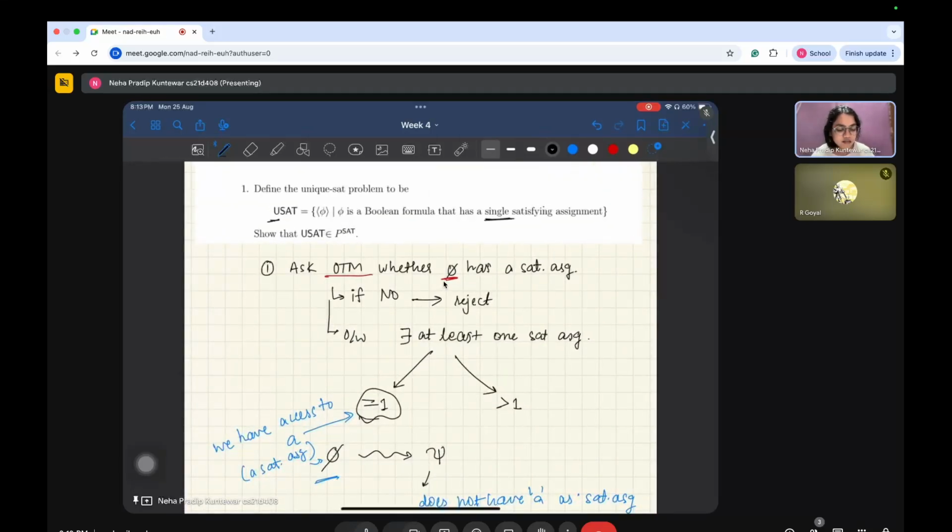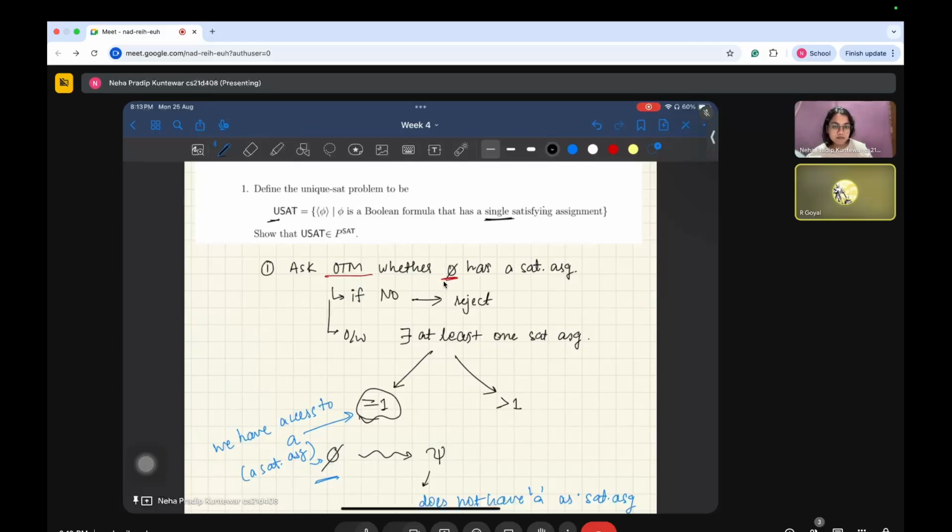Now if I modify the question slightly, if instead of defining a unique set, I want three satisfying assignments, then what are the changes that we need to do? If I want a finite number of assignments, can this mechanism give us multiple assignments?